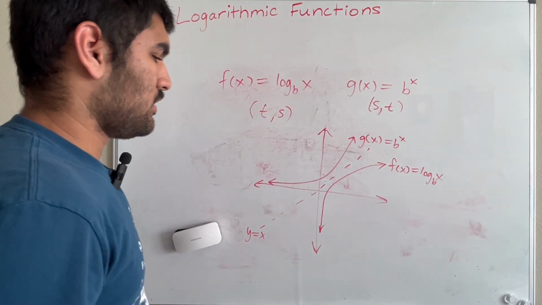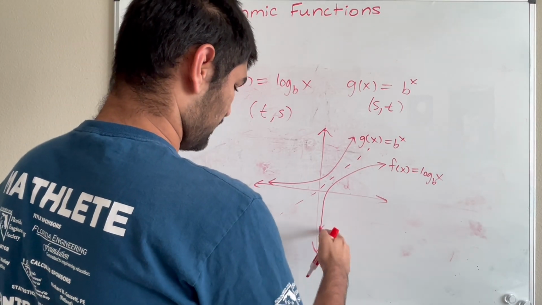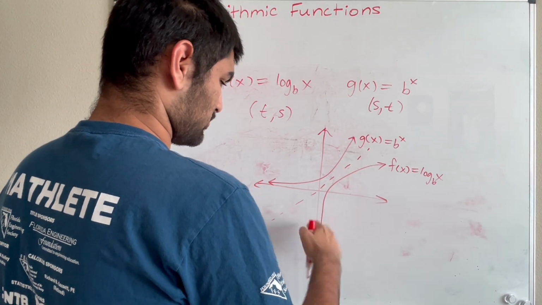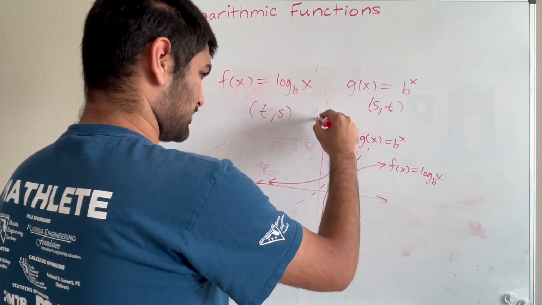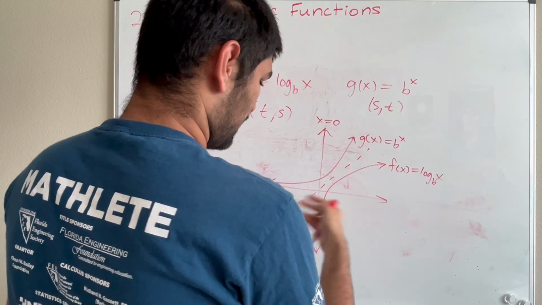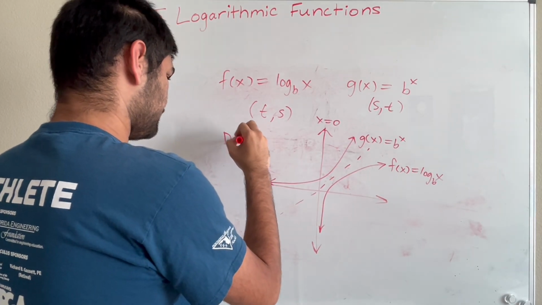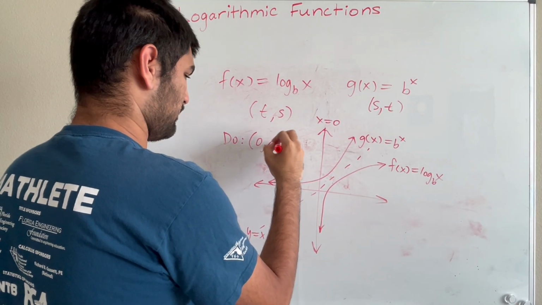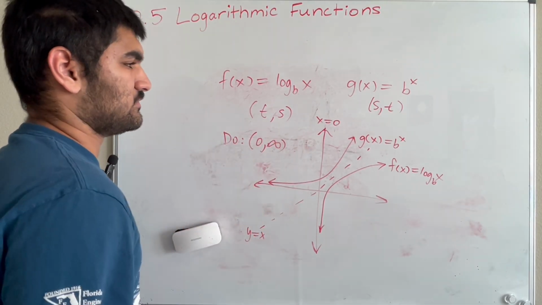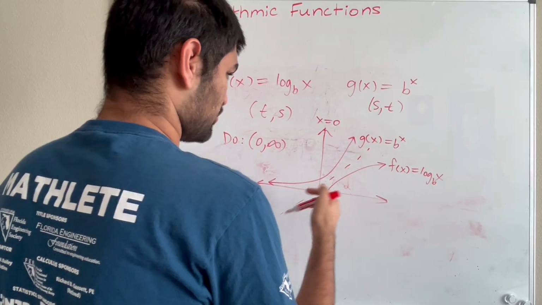Okay, and then another thing to notice is that we have a vertical asymptote. For the logarithmic graph, we have a vertical asymptote at x equals 0, and it never crosses the y-axis, right? So the domain is 0 not included to infinity. That's the domain for f of x. And then for g of x, the domain is all real numbers, but the range is restricted.